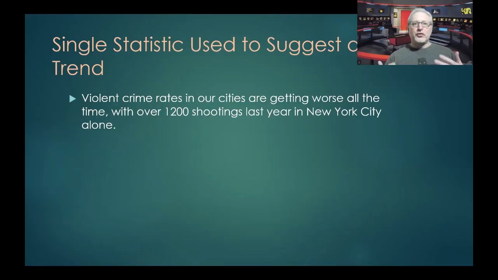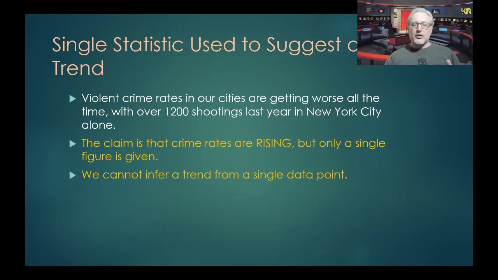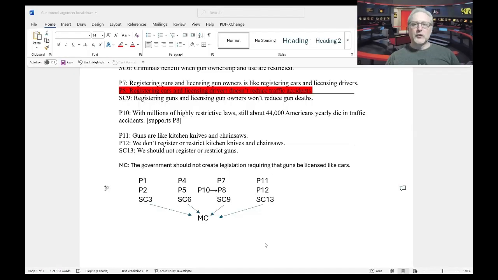So in order to suggest that violent crime rates are getting worse, you would need to show the violent crime rate statistics for a series of years, right? And you would have to show that as time goes on, the number gets higher, but they only give you one number, so you can't infer a trend from that.